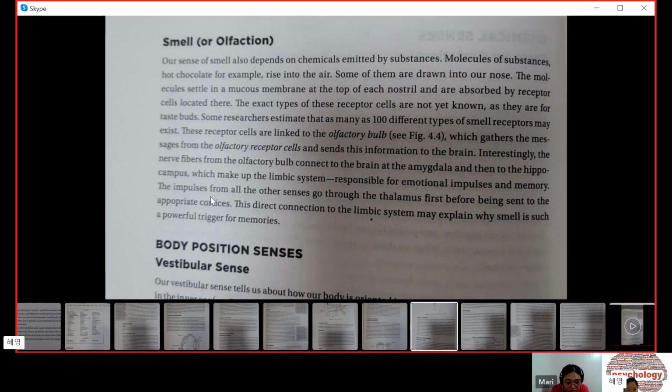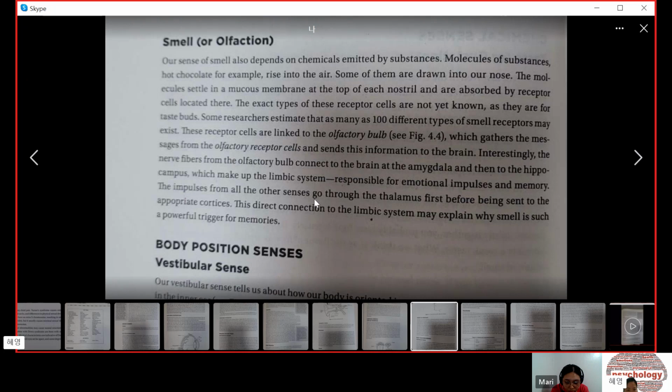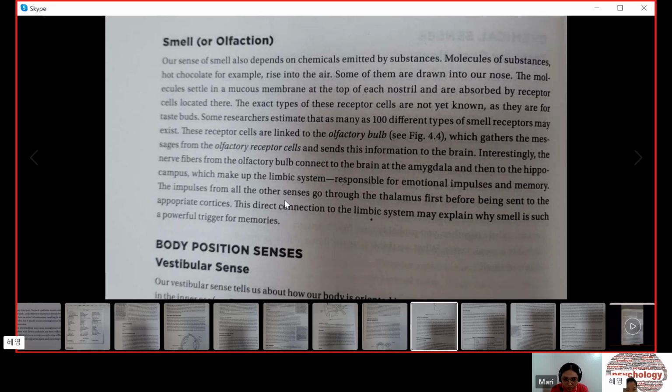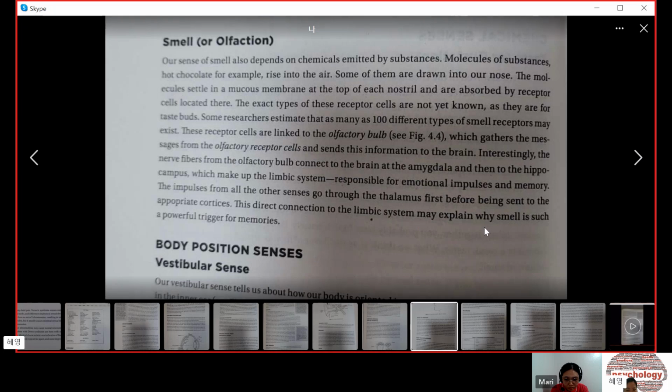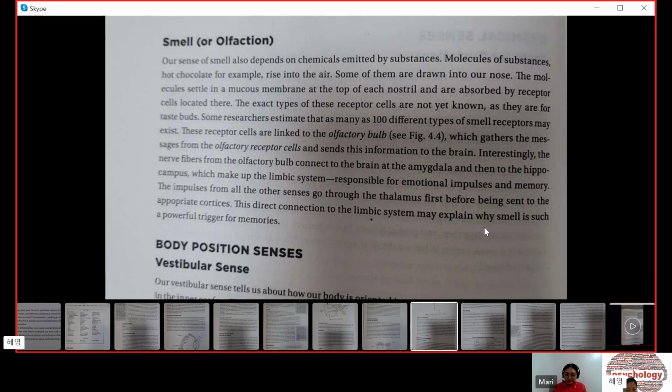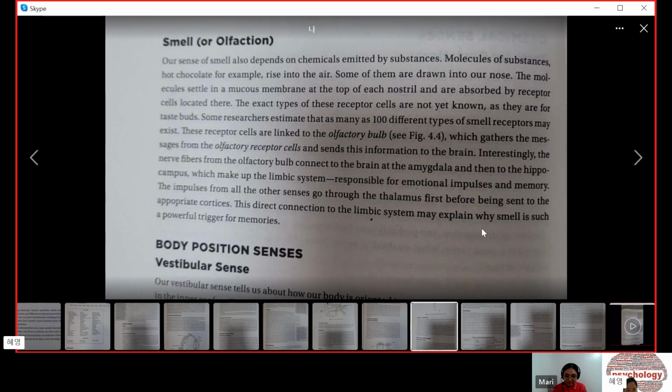The impulses from all the other senses go through the thalamus first, before being sent to the appropriate cortices. This direct connection to the limbic system may explain why smell is such a powerful trigger for memories.